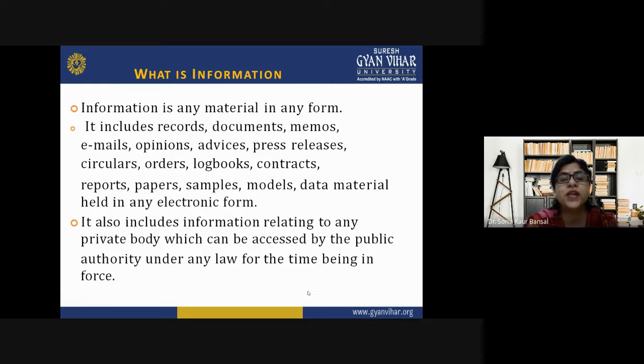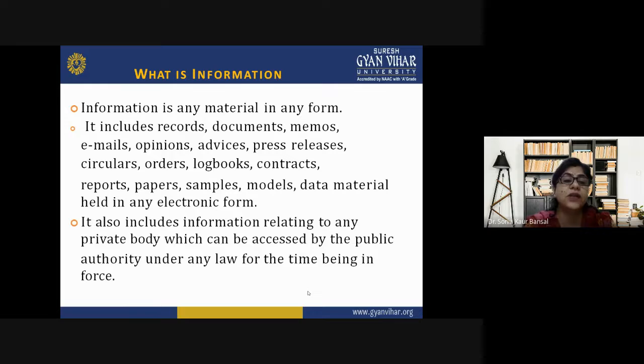It includes records, documents, memos, emails, opinions, advices, press releases, circulars, orders, logbooks, contracts, reports, papers, samples, models, data material held in any electronic form or anything.